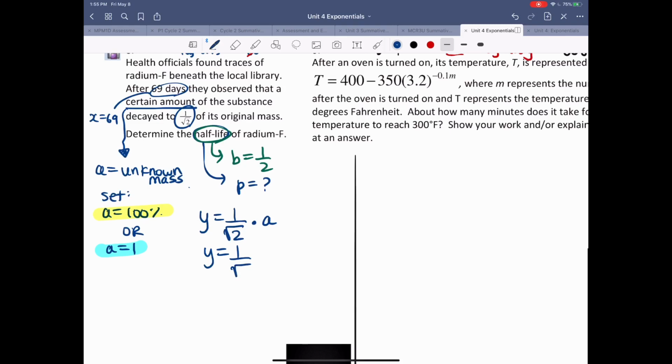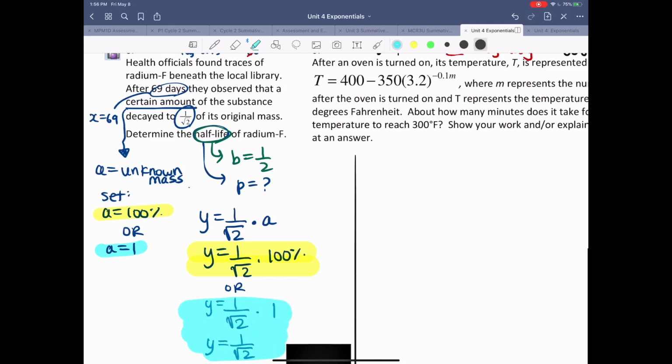So I have 1 over square root 2 times 100%. That's my first version. Meanwhile, my second version is if I do 1 over square root 2 times 1. And so I would simply have Y equals 1 over square root 2. Well, between the two examples, what's an easier way to look at it?